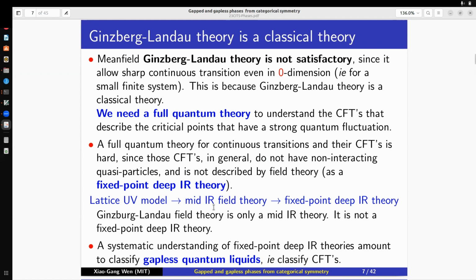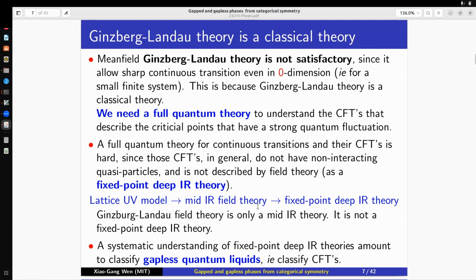It's a mid IR field theory. It's a field theory, but it's not really a low energy fixed point. It's not a critical theory. And certainly the Kinsman theory as a field theory is also not the lattice UV theory.